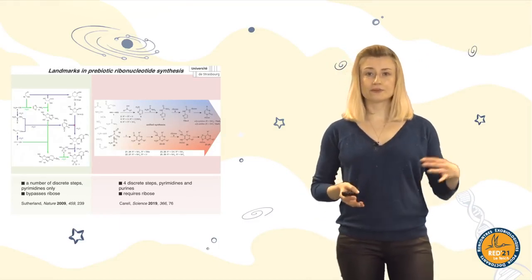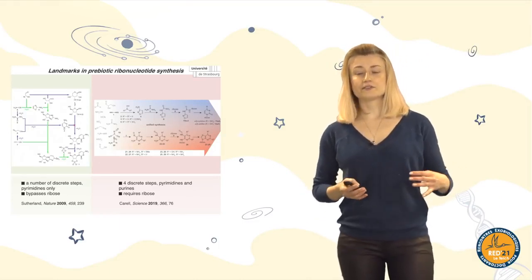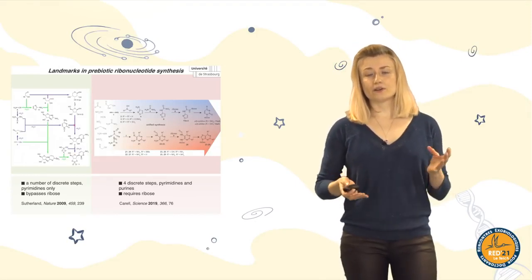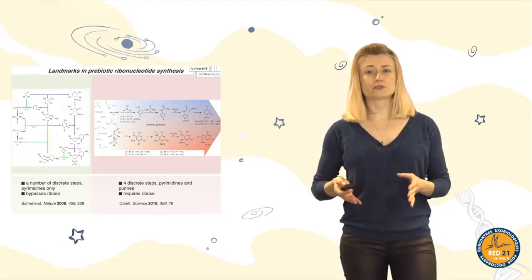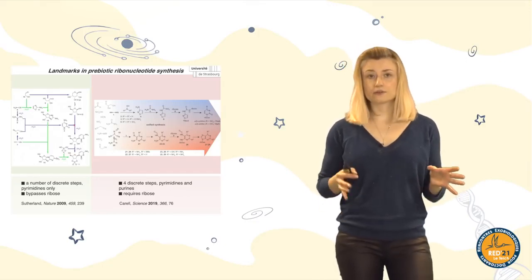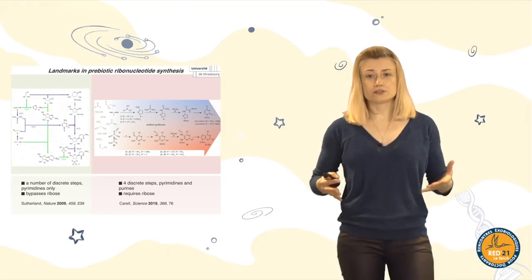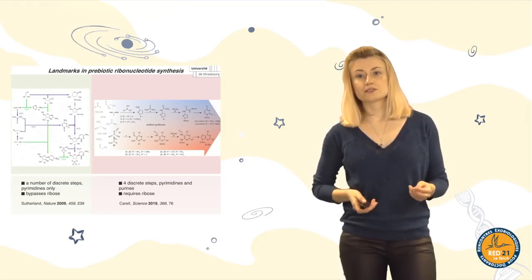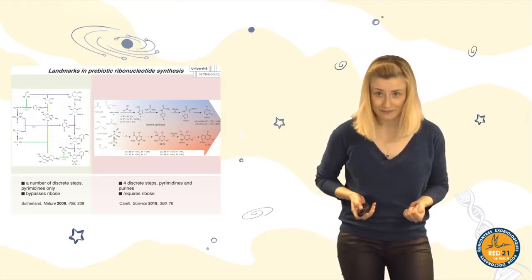At some points, you have timed additions of reagents. On some instances, you have step changes of conditions. And in both cases, these syntheses use molecules that are foreign to biochemistry. Biochemistry does not use cyanoacetylene, for example.